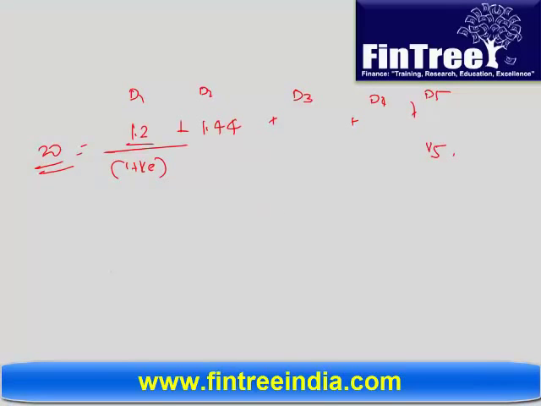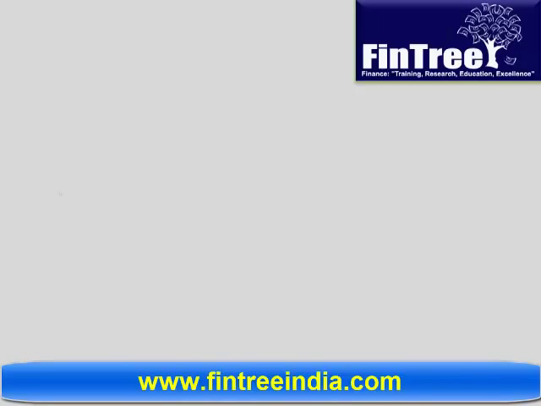Okay? So you write down in this fashion: 20 is equal to 1 into 20%, which is 1.2, divided by (1 plus KE), plus 1.44 divided by (1 plus KE). Tell me the next number.